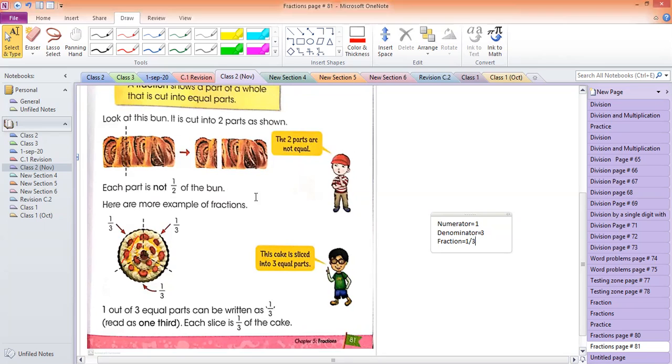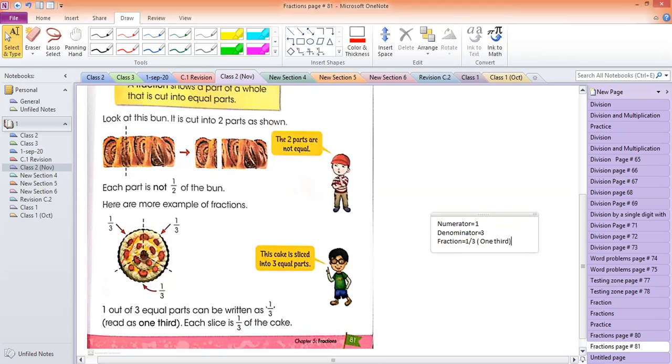And how can we read 1 over 3, guys? We can read 1 over 3 as one third.